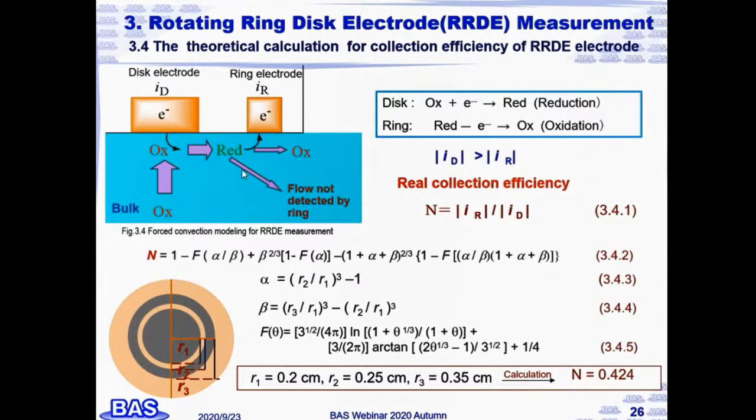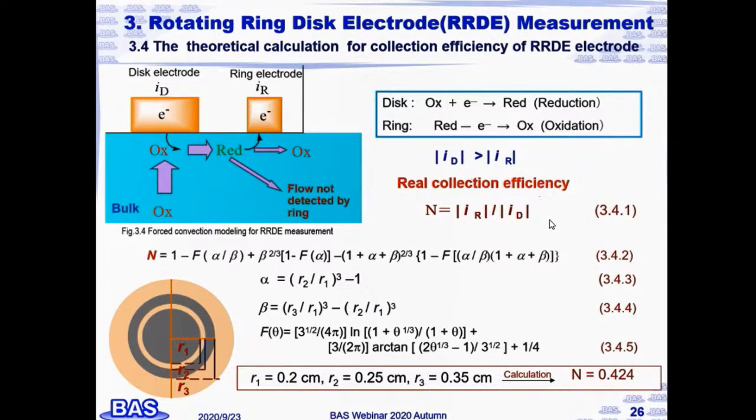However, a part of the reductive species may escape to the bulk during transport from the disk electrode to the ring electrode, and the disk current absolute value ID is larger than that of the ring electrode.